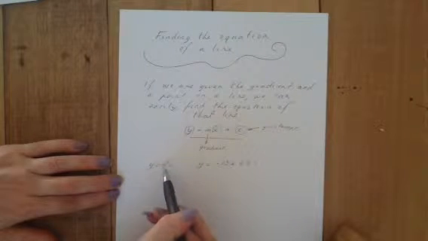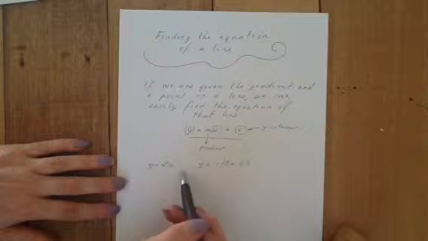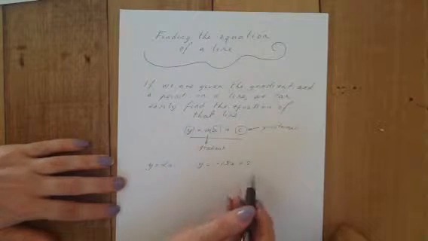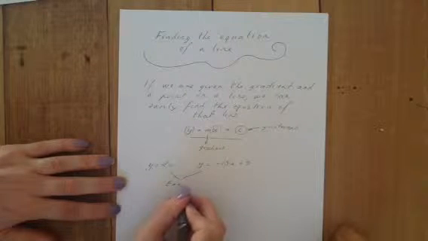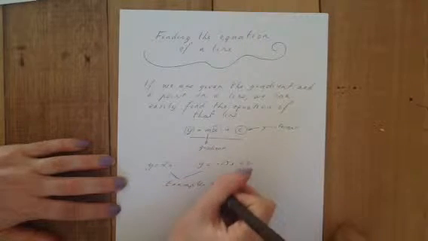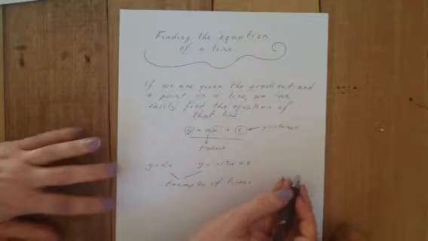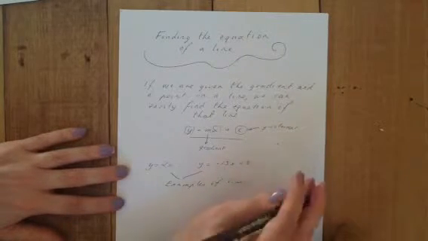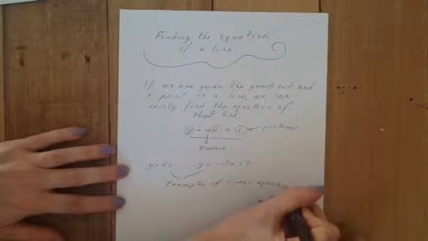We have y equals something x plus or minus something. There doesn't have to be anything at the end, but sometimes there is. So these are examples of linear equations. I'll just write that there. So we're going to dive straight into an example and find an equation.